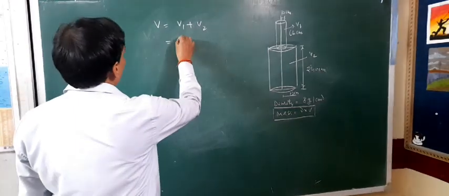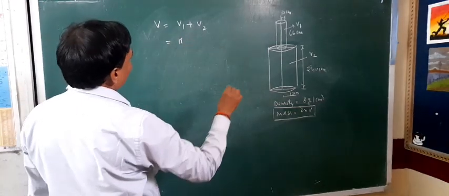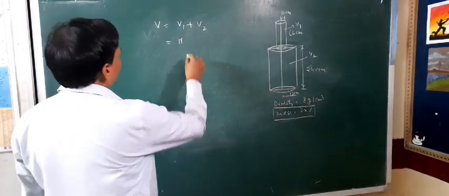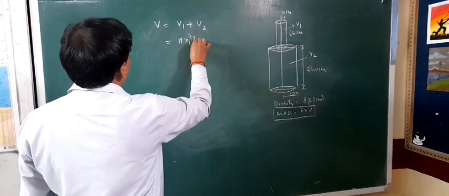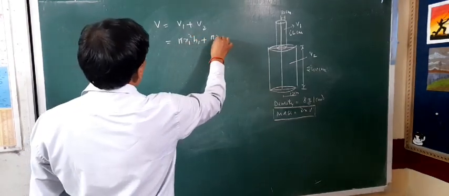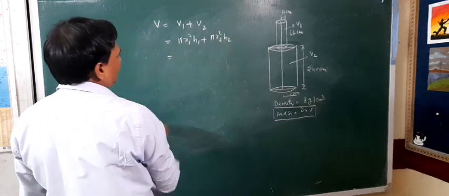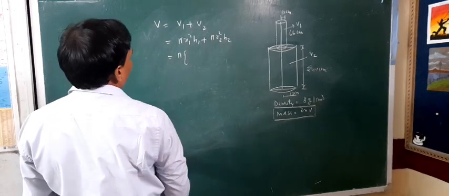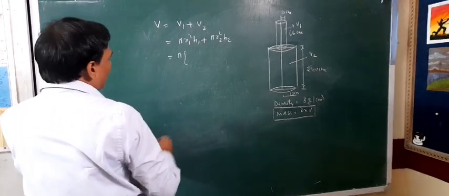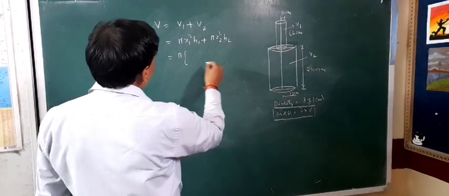Now we shall write the formula. There is a different radius and different height, so we write pi r1 square h1 plus pi r2 square h2. Now you can take pi common. When you take pi common, you get r1, the value of radius, which is 10.